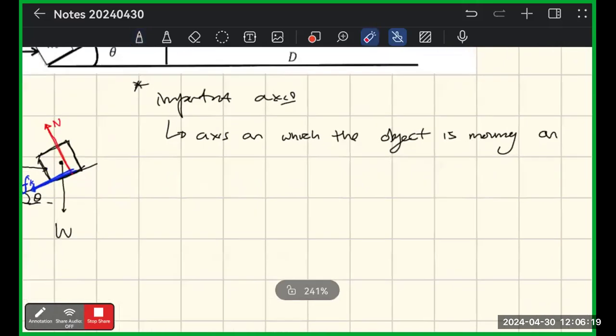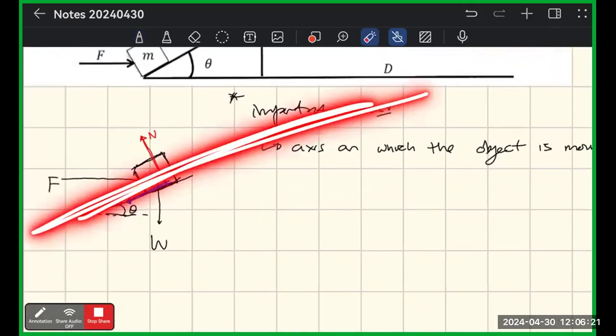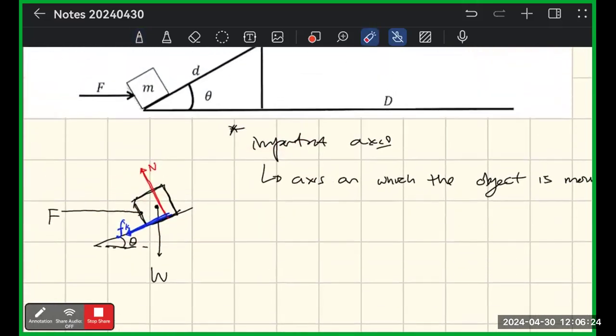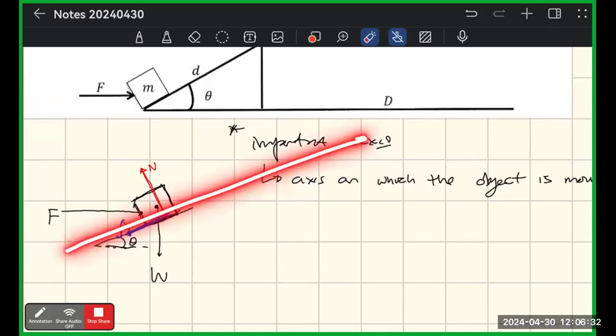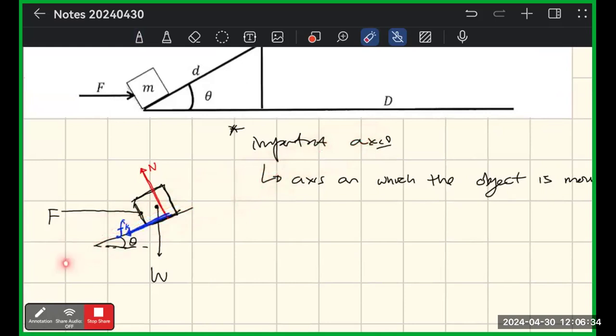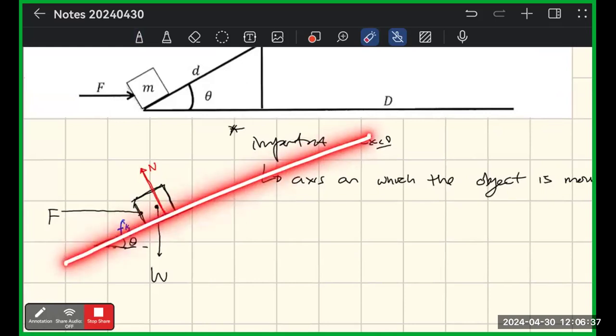Because they're moving in this direction, on the direction of the plane, you want to project all of the other forces that are not directly on those axes onto the axis that the object is moving on, and the axis perpendicular to that axis.